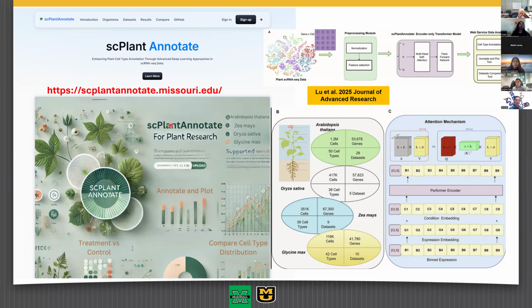Plus another one that was published just earlier, in Jan 26, is scPlant, which is a method really focused on a transformer model that is used for predicting single cell types in 4 different plants, because cell type annotation is way more advanced in human or animals, but is not so well available in plants.